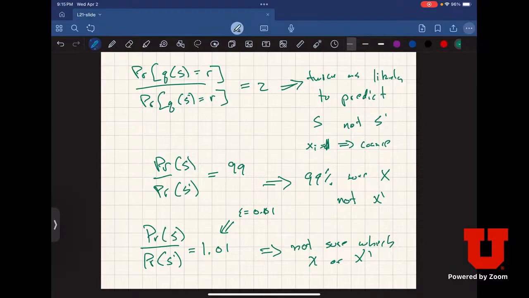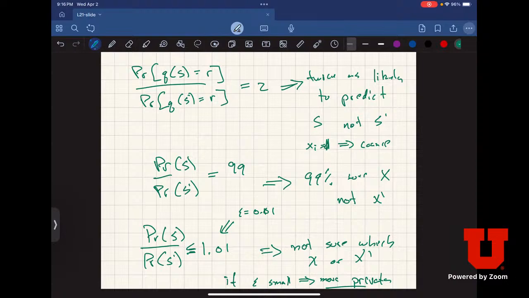But if it's bounded for any query to be slightly off from 1, then these things are basically equally likely, and I don't know which it is. So if epsilon is small, then I'm more private. I've secured more information, and this is a way of formalizing this property.